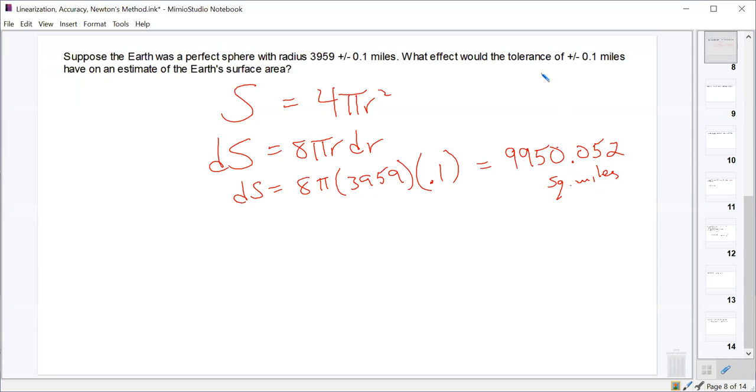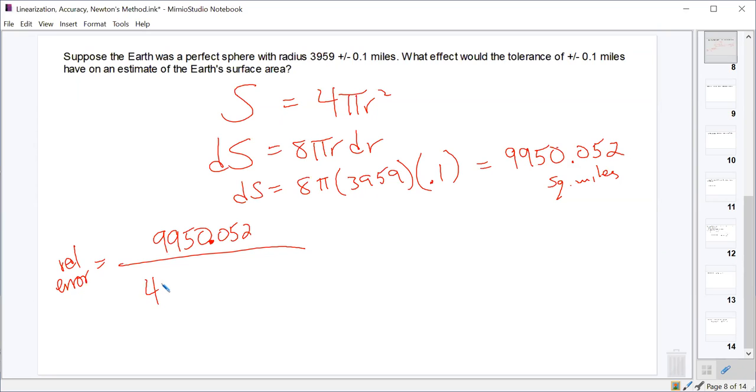And what if I asked you for the relative error, the relative change that we would have? We should take the amount that it was off by, 9,950.052, and divide that by the original amount that we would have gotten. What would the original surface area be?